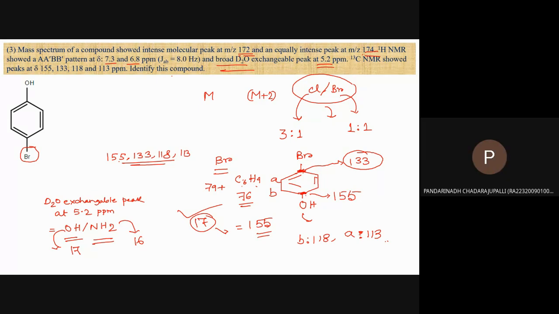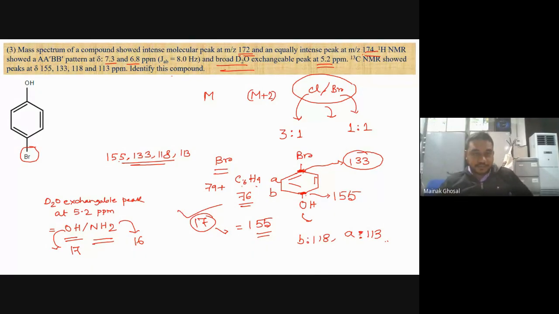Sir, what is the meaning of D2O exchangeable peaks? I have explained that in the second or third lecture also, but I'm explaining it in short. If you see the NMR of any alcohol or anything which contains OH or NH2, there is a chance that this hydrogen is exchangeable with the molecules of solvent. For example, for ethanol, the OH proton will have a broad nature in the NMR spectrum. Why broad?